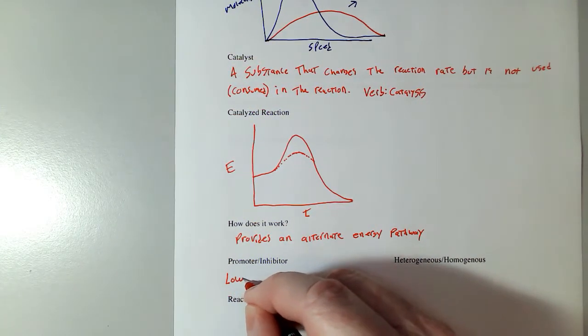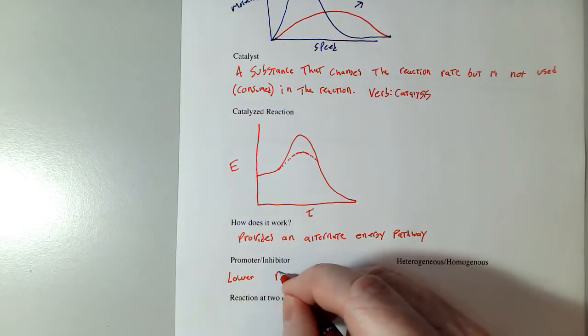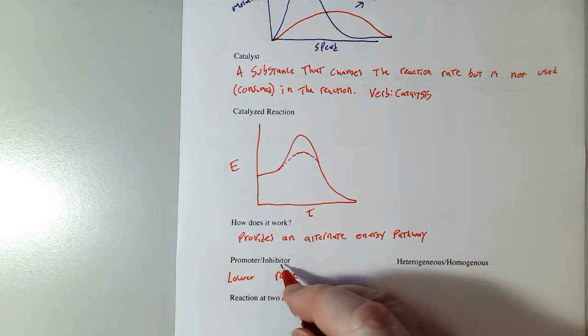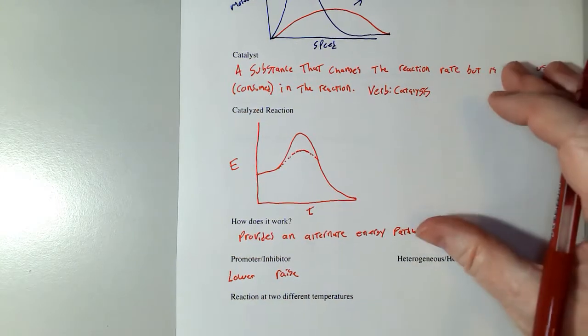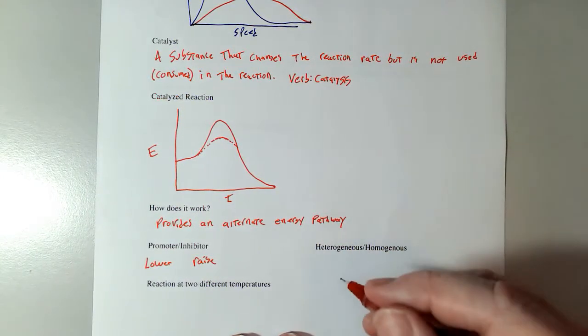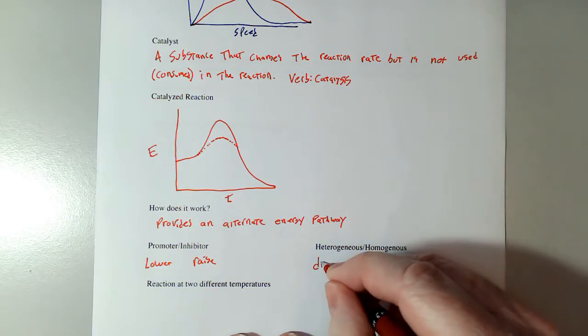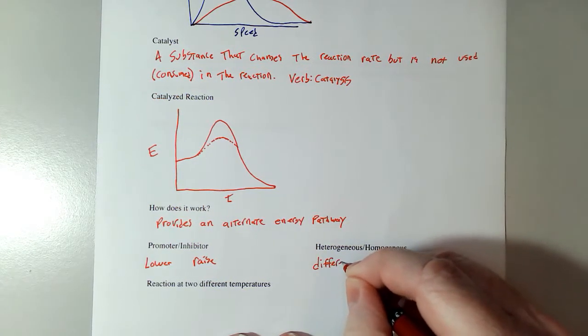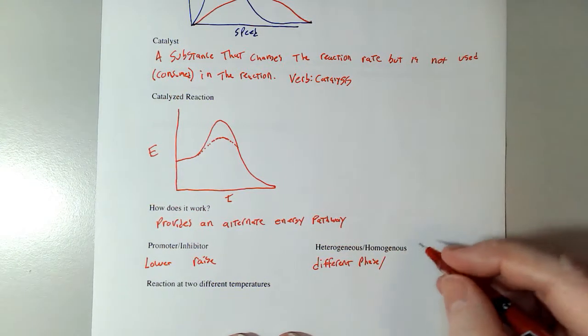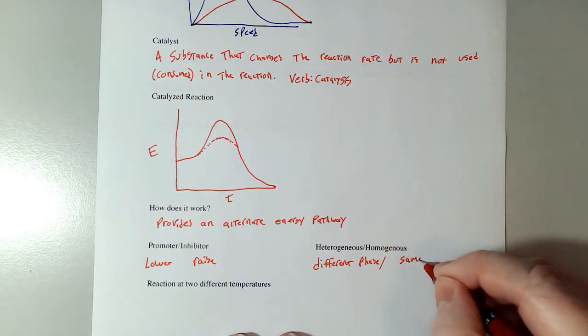Promoters lower the activation energy. Inhibitors raise it. So a promoter is going to make the reaction go faster. An inhibitor is going to make it go slower. Now, they can be heterogeneous or homogeneous. If they're heterogeneous, they're in a different phase. If they're homogeneous, they're in the same phase.